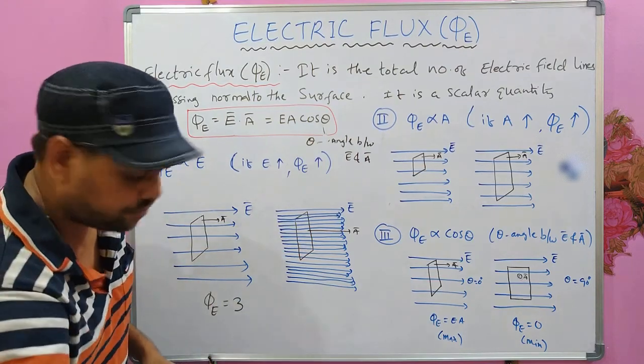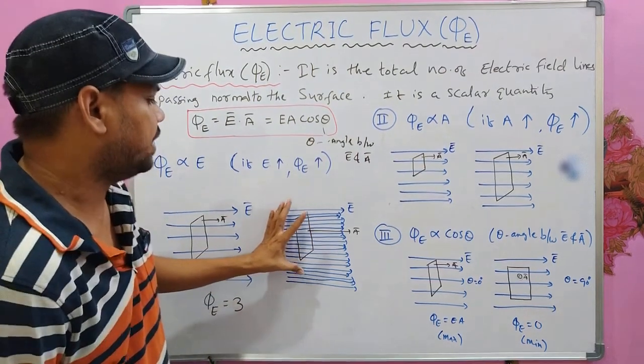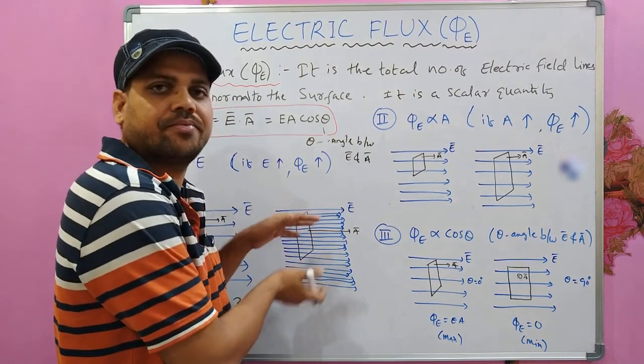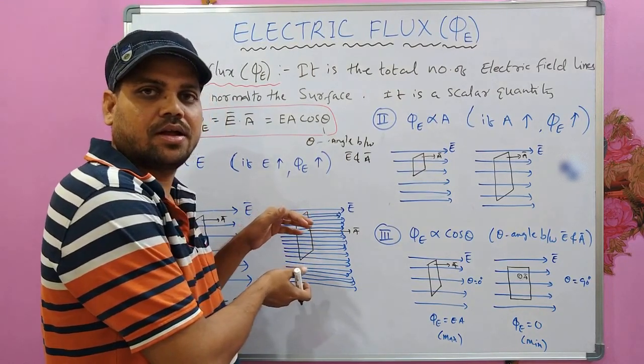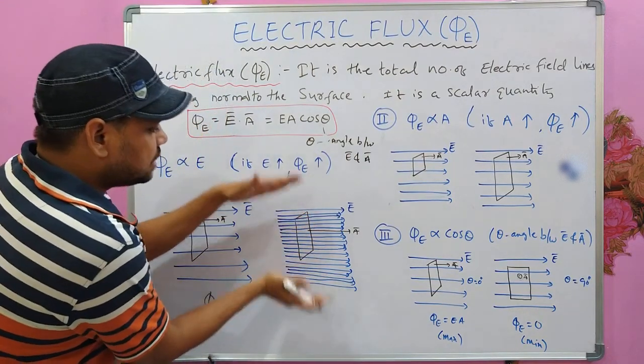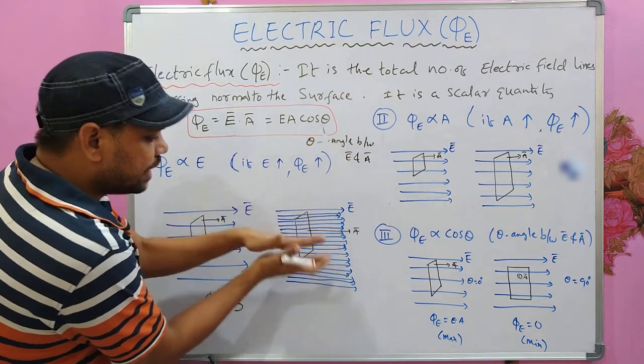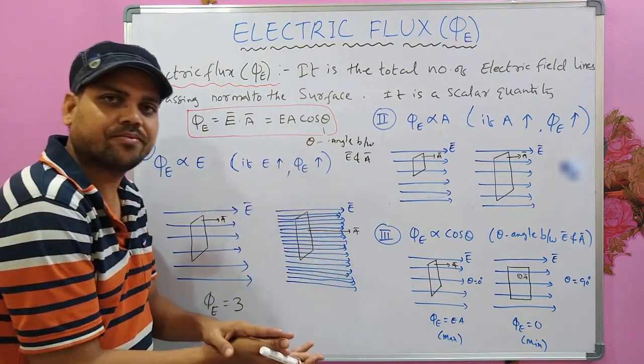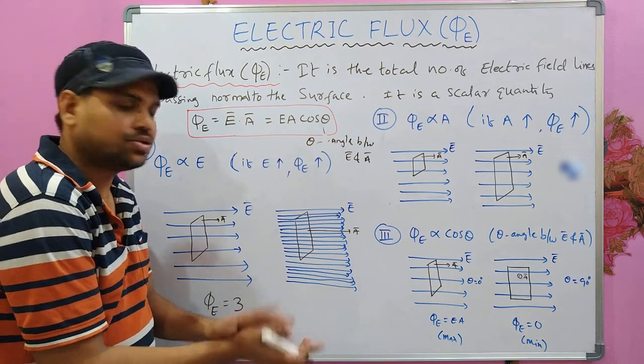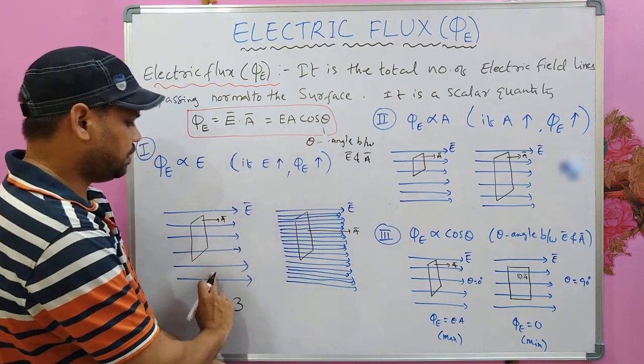Now if I increase the strength of the electric field, which means that electric field lines are now very close to each other, so E is increased from this picture to this picture.